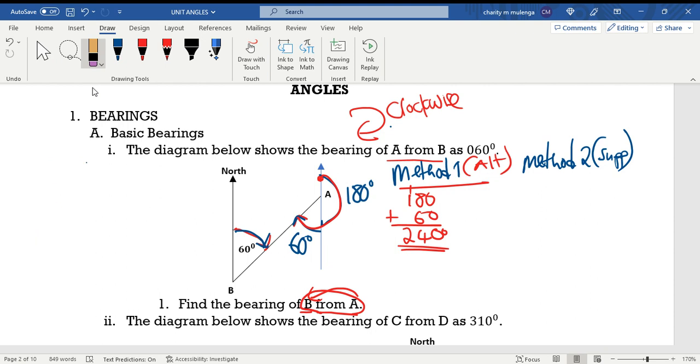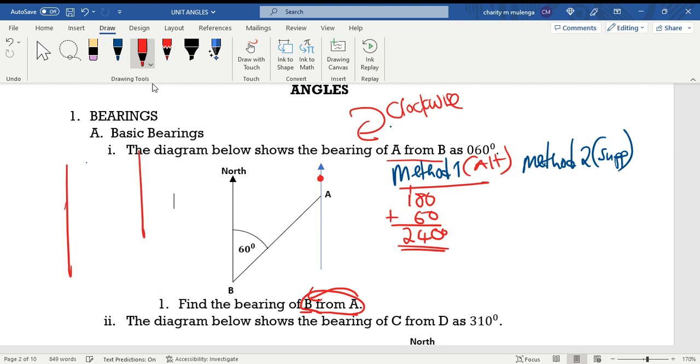Let's see what we get. First method we worked with alternate angles. This time let's try to work with supplementary angles. We said supplementary angles form a U shape.